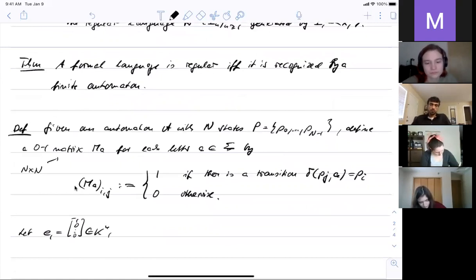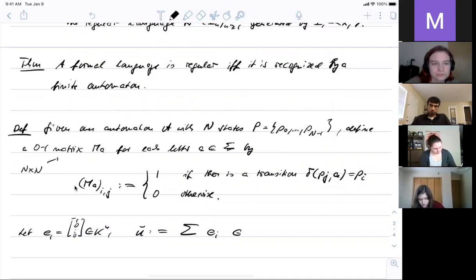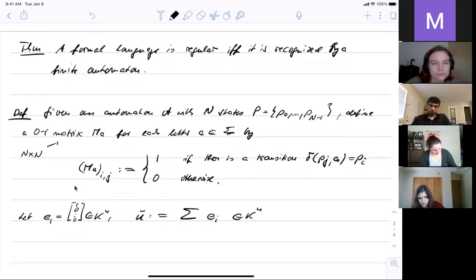Then we define a new vector u as the sum over the basis vectors Ei in k to the n, where the index i varies over the states P sub i minus 1 that are final.